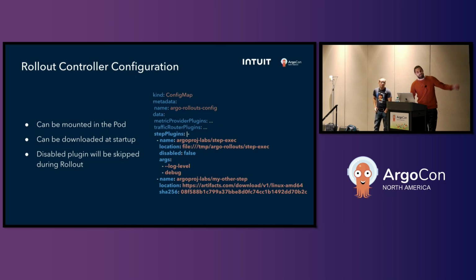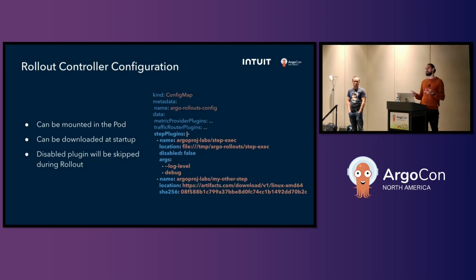So as Zach said, there were already the metric providers and the traffic provider plugin system that existed. So we reuse the mechanism that was in place to configure these plugins to add now the step plugins configuration. So you can see in the Argo Rollout config map the configs that are required to configure your plugin. Obviously, you'll need to give your plugins a name.